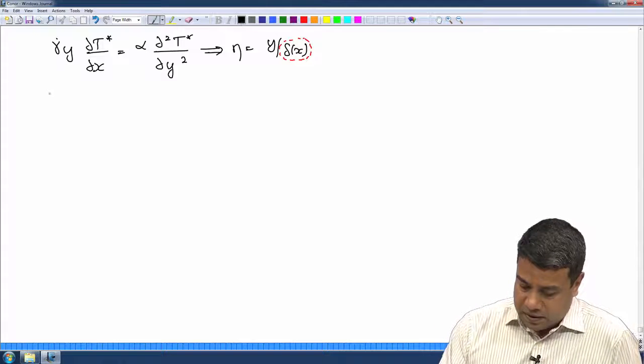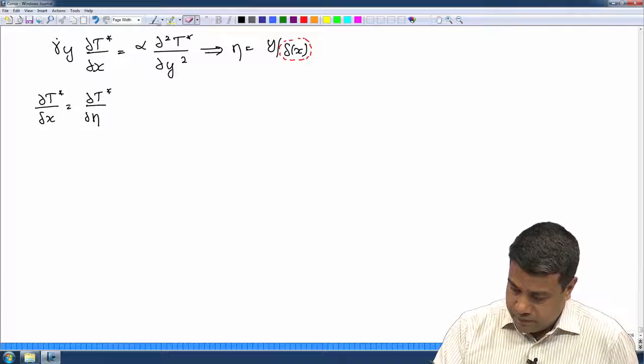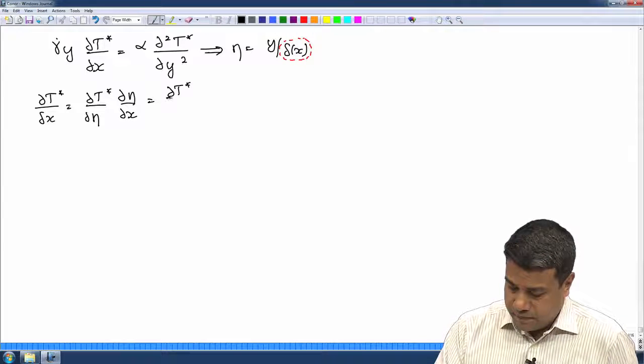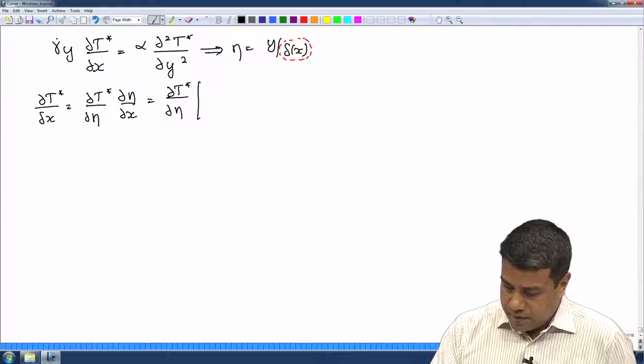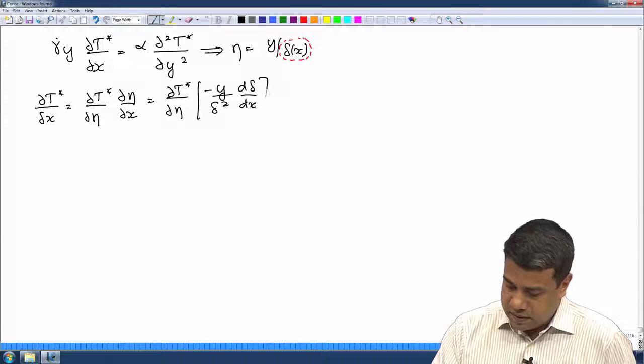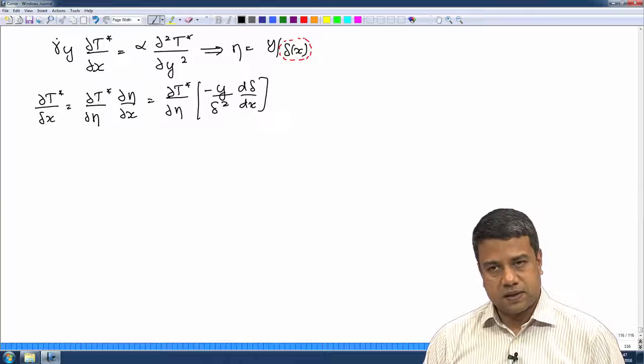So, partial T star by partial x is minus y by delta square d delta by dx, just differentiating by chain rule with respect to x.